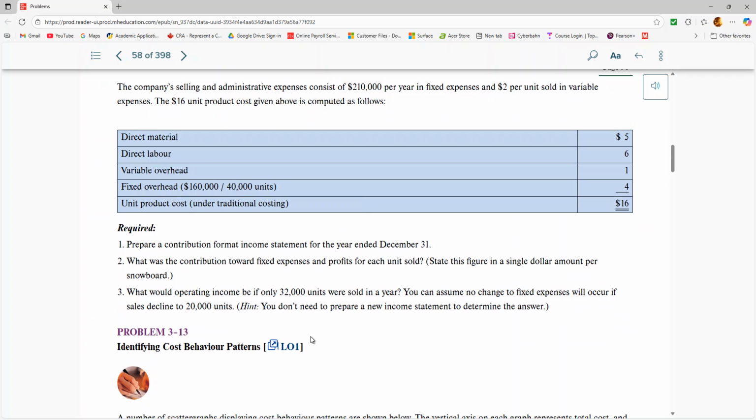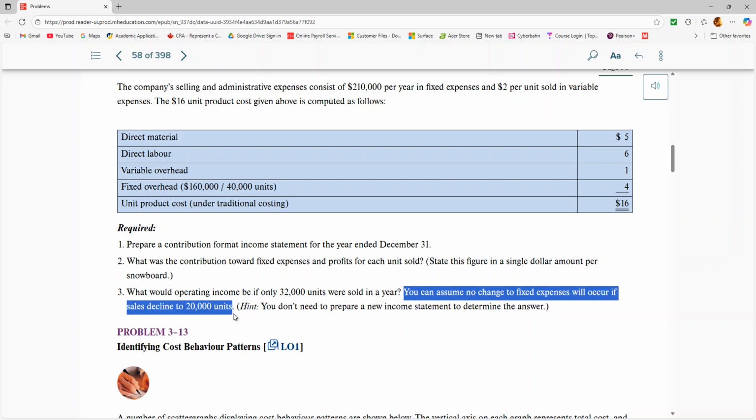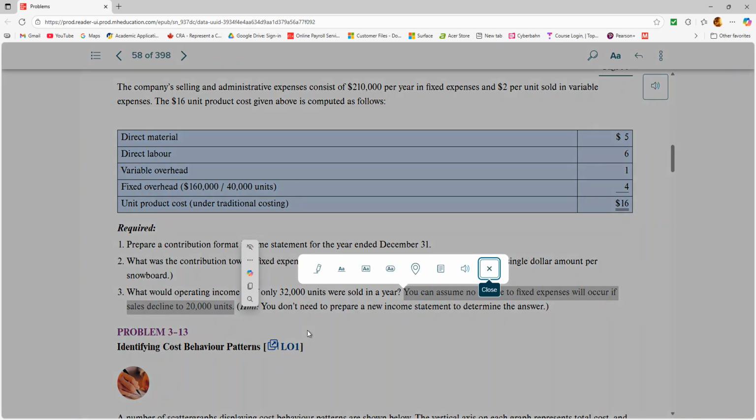The second situation they ask me about is: you can assume no change to your fixed cost will occur if sales decline to 20,000. So they are asking you to assume no change in the fixed cost if sales declines to 20,000.